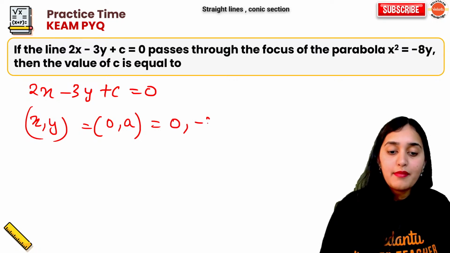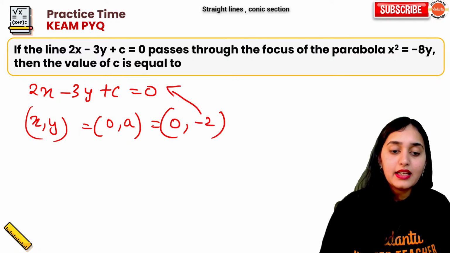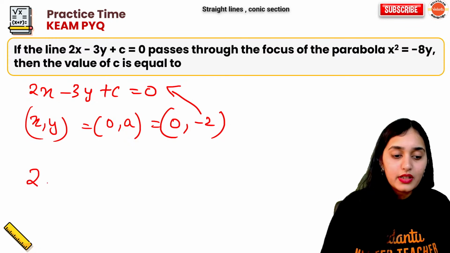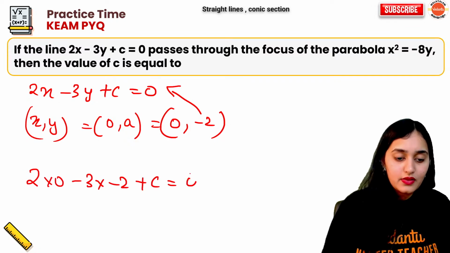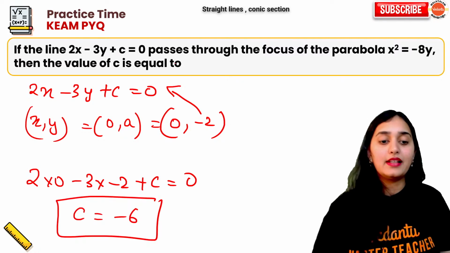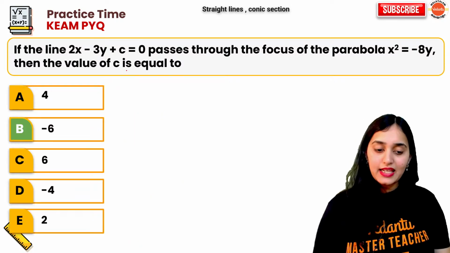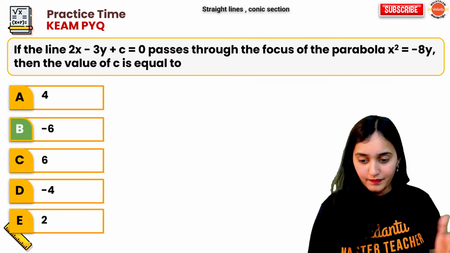So (0, minus 2). So put it in the equation. So 2 into 0 minus 3 into minus 2 plus c is equal to 0. This is 6. So c is minus 6. Simple. They are asking what is the value of c. So c is minus 6.